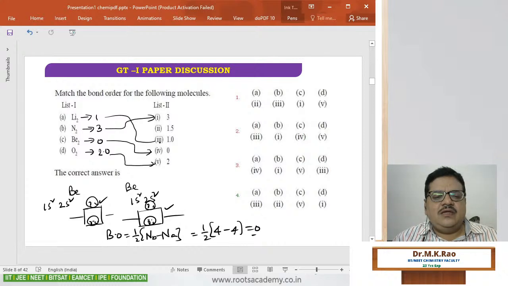Lithium 3, 3 means A3, okay, and B, lithium 1, 1 means 3, and nitrogen 1, and beryllium 0, 4, and oxygen 2.0, 5. It is the second option, option 2, 126.